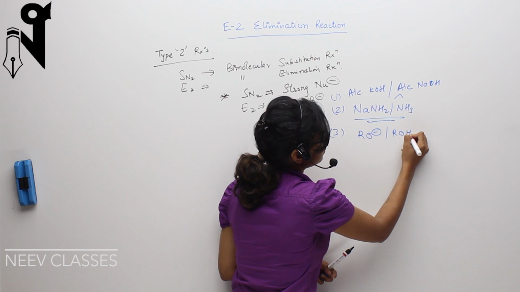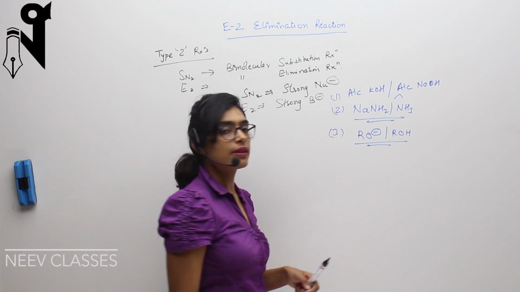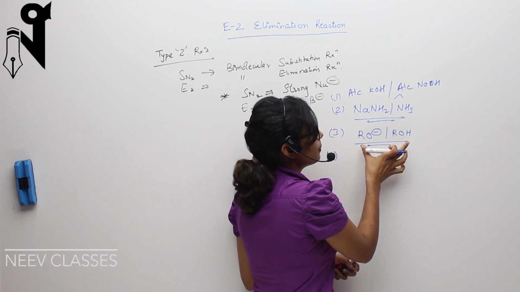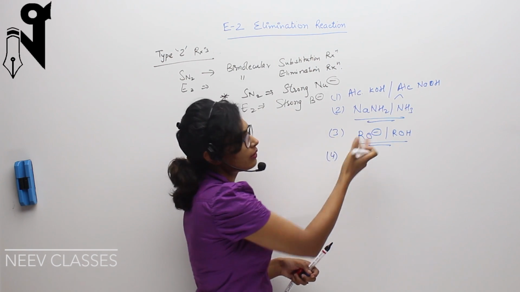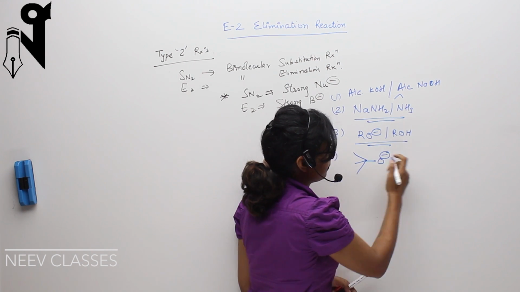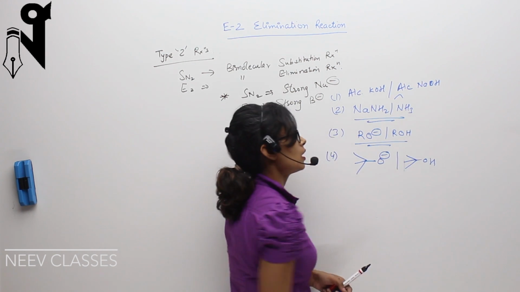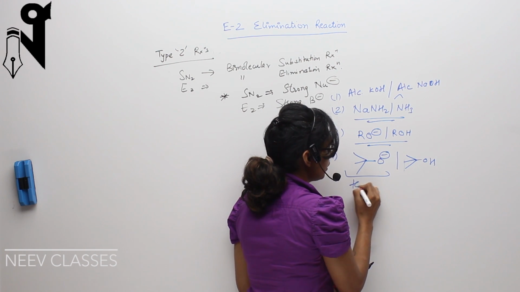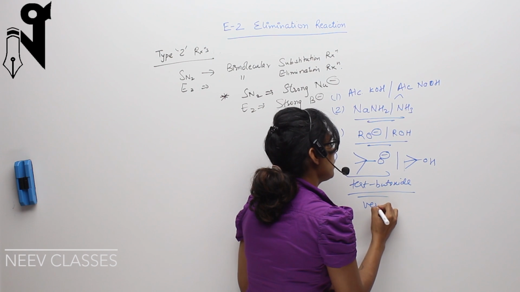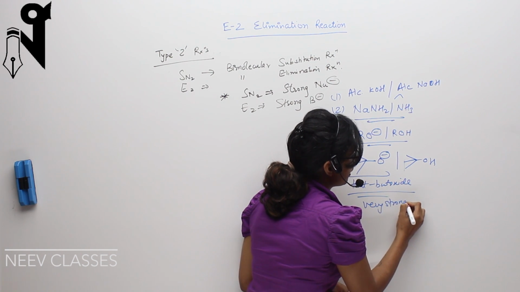And the fourth kind of base, which is a variant of this, is tert-butoxide, O minus. So basically this is my tert-butoxide, and it is a very strong base.